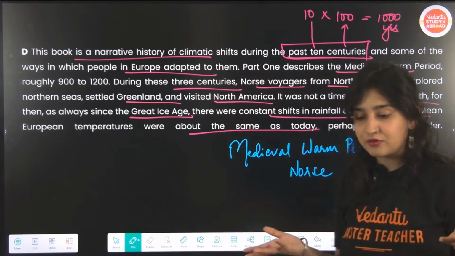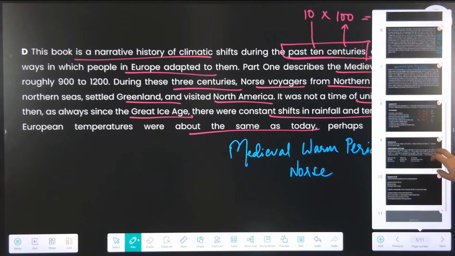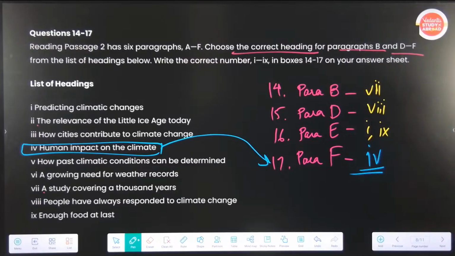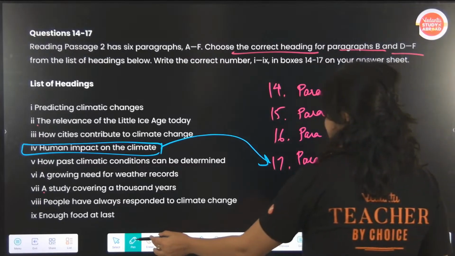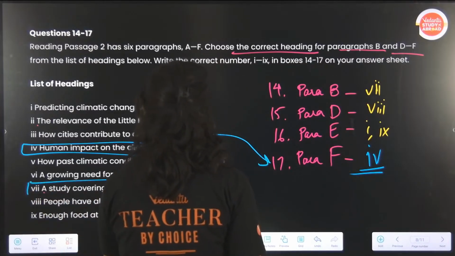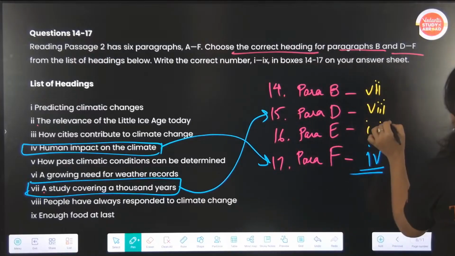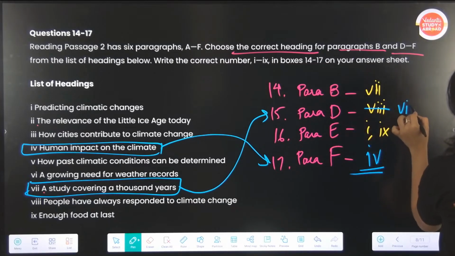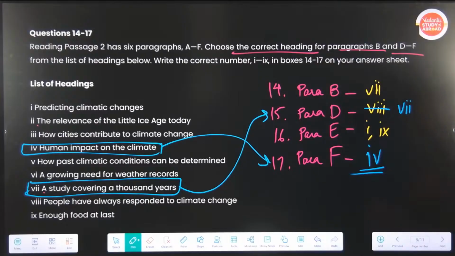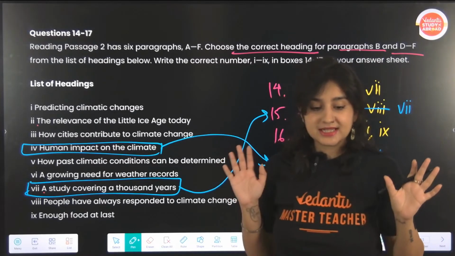It's the first line of the paragraph. First line of the paragraph. So, what is our answer here? What's the answer? 7.